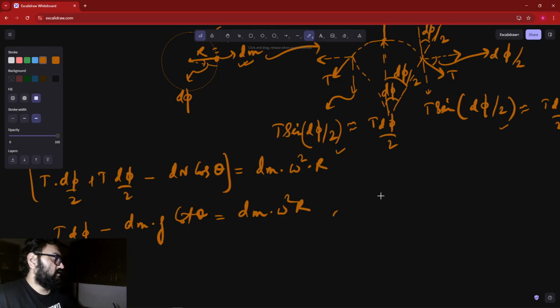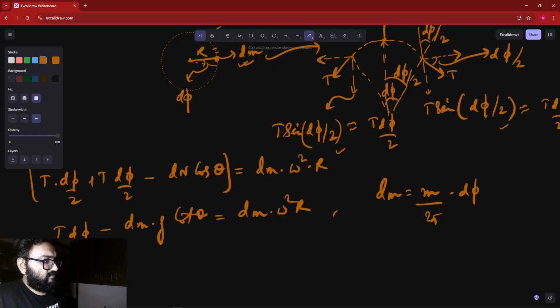Now let's see what dm actually is. dm is nothing else but m divided by 2 pi times the small angle that this small segment subtends on the center, which is nothing else but d phi.